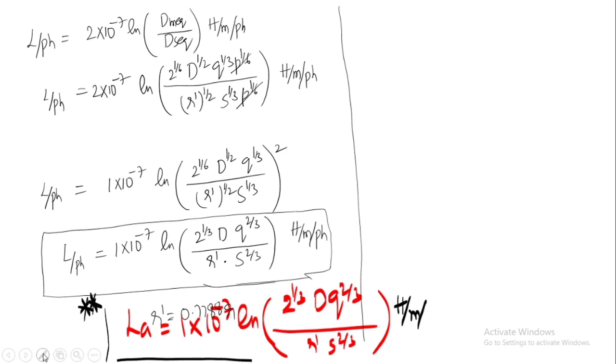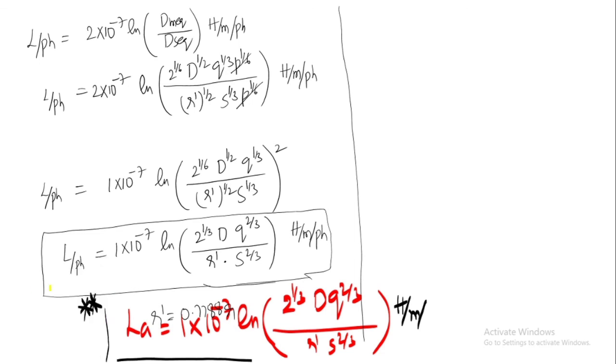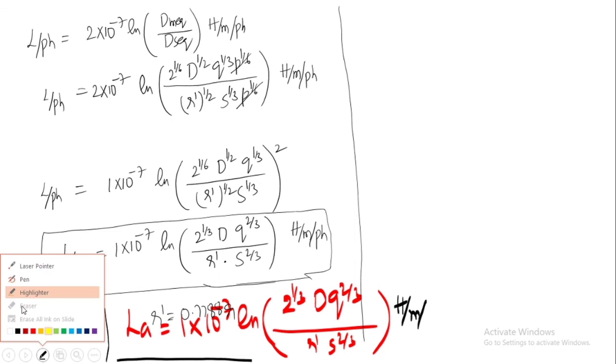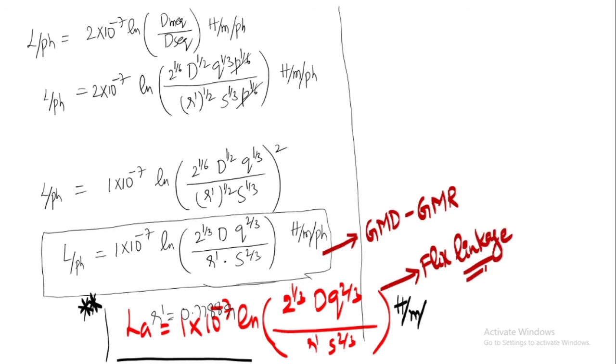Okay, so the first thing is the flux linkage. If you observe here, this is the term which we obtained by using the GMD and GMR method, and this is the term which we obtained by using the flux linkage method. You got the same expressions by using two methods, right?